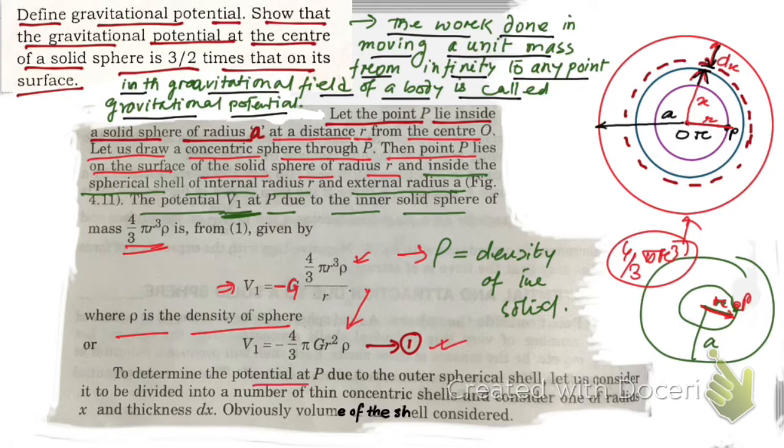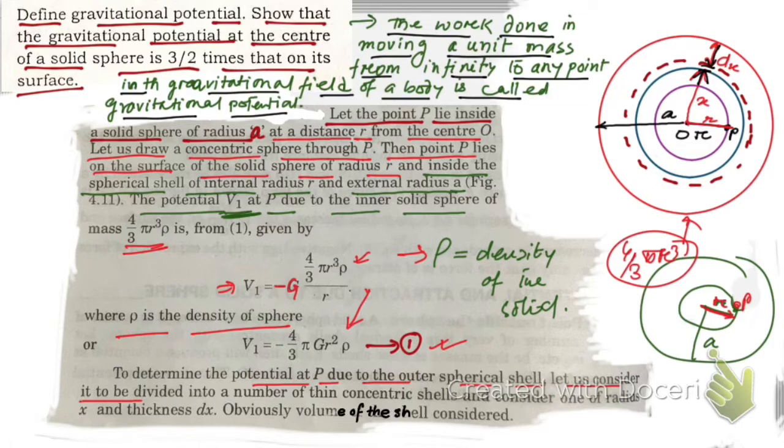To determine the potential at P due to the outer spherical shell, let us consider it to be divided into a number of thin concentric shells. Consider one of radius x and thickness dx. Here you see, let me show you again.